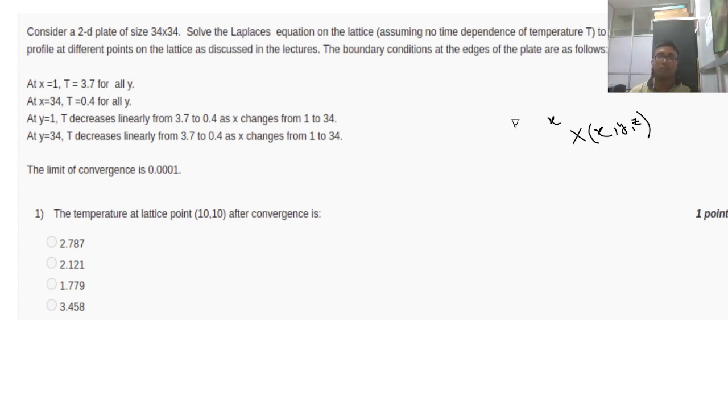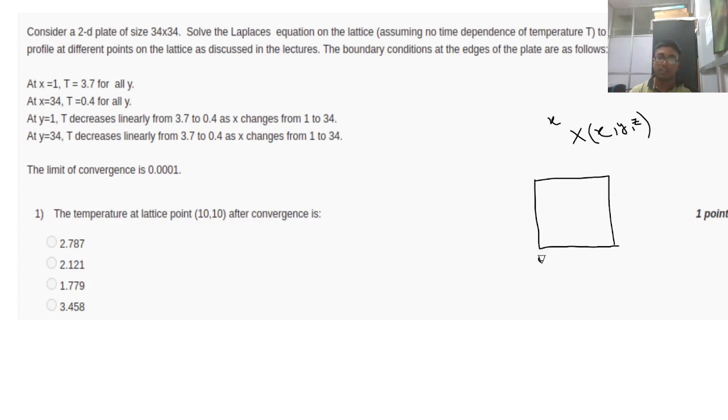So in this problem what we have is a 2D plate, a square, because in the x and y axes each one of them has 34 cells.